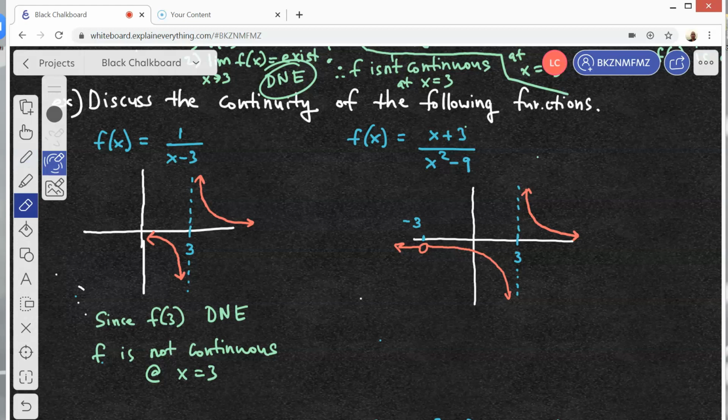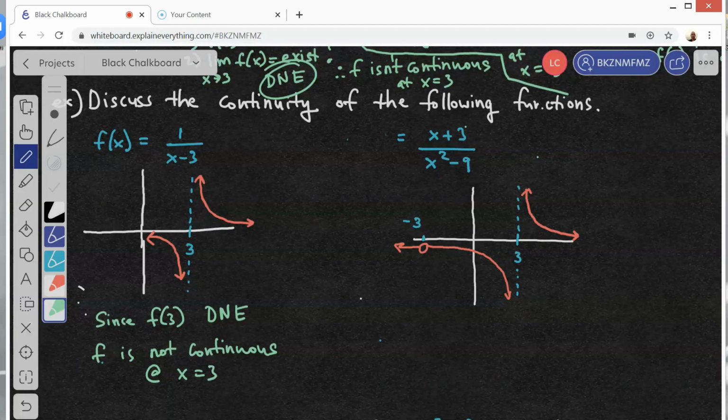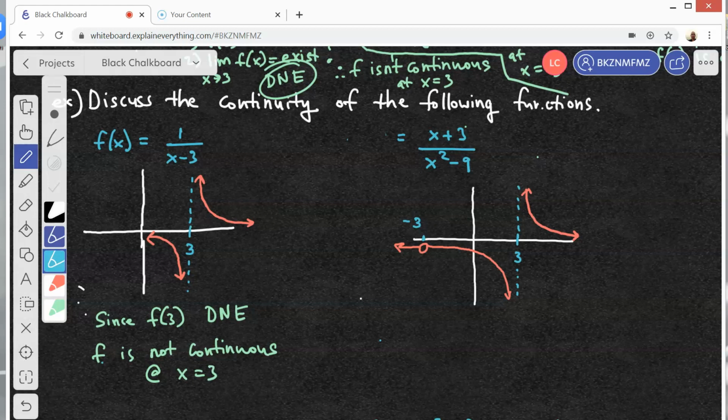I just wanted to call it some other letter for purposes of calling it a different function. So let's call it g. Function g. So g of x equals x plus 3 over x squared minus 9.